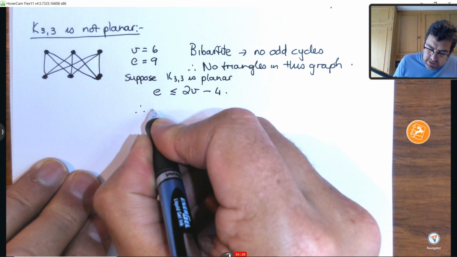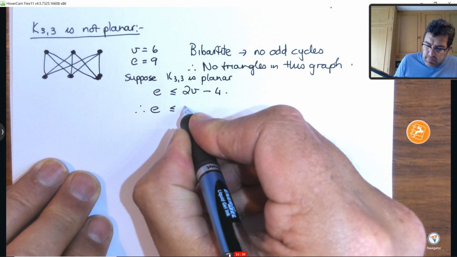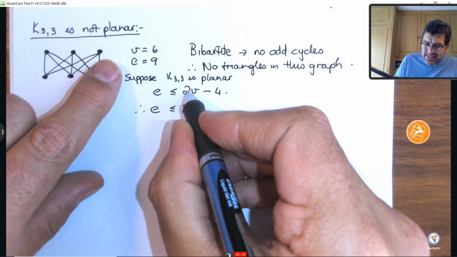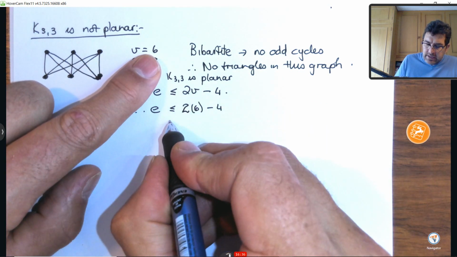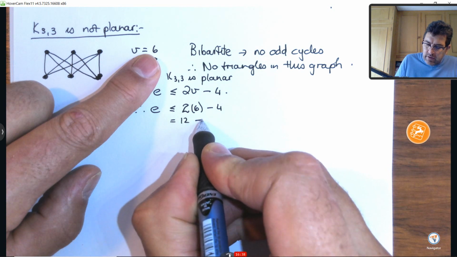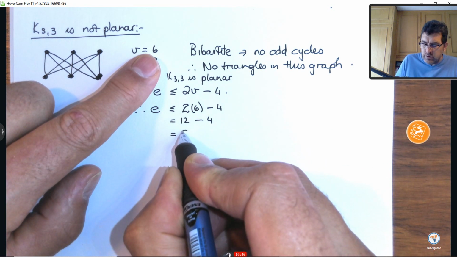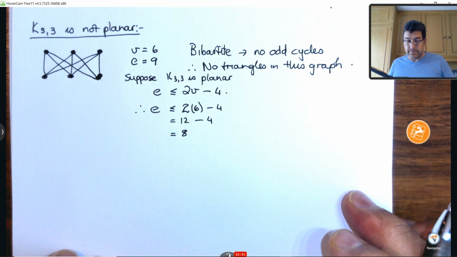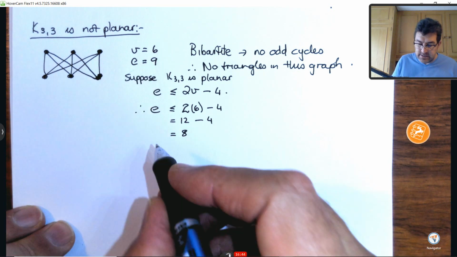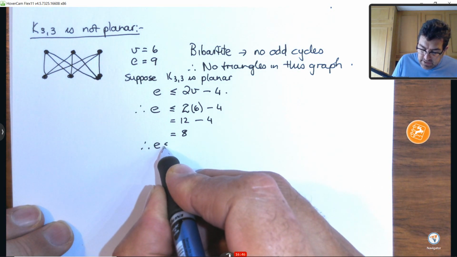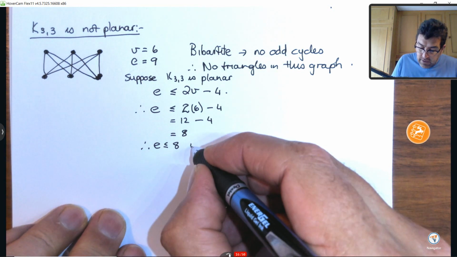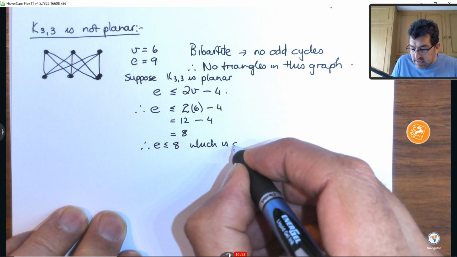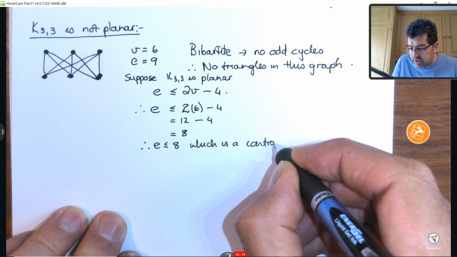So what can we say? The number of edges must be smaller than or equal to twice the number of vertices minus 4. That gives us 12 minus 4, which is indeed 8. This tells us that the number of edges must be smaller or equal to 8, but there are 9 edges. Which is a contradiction.